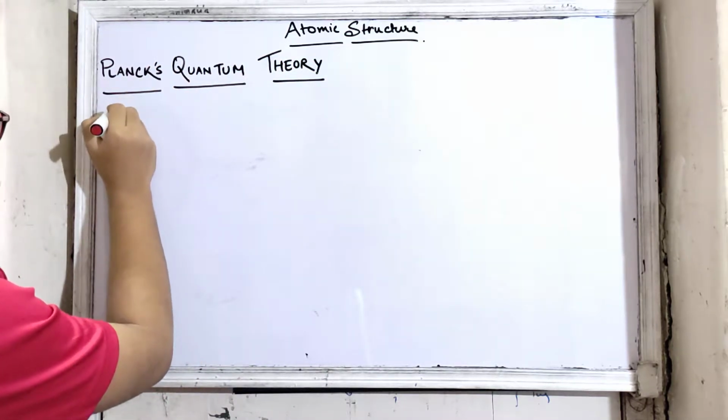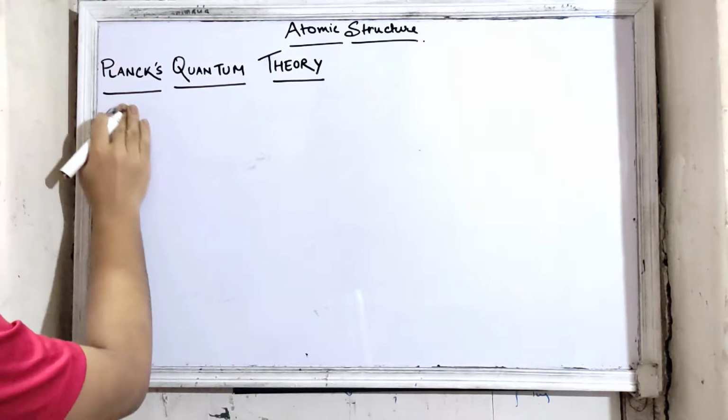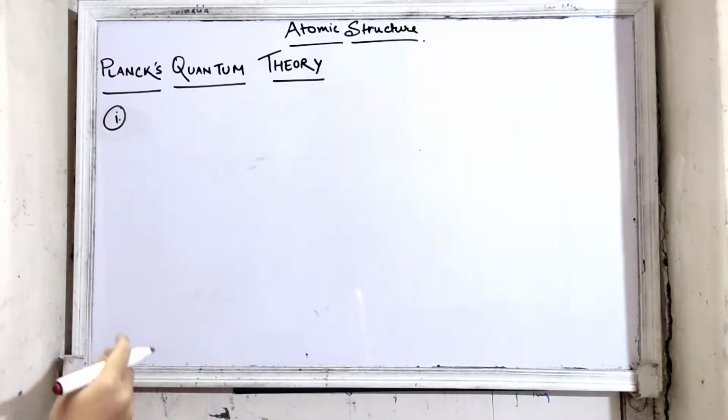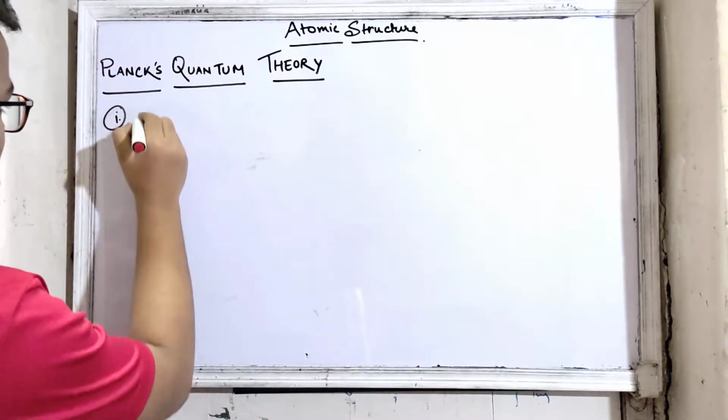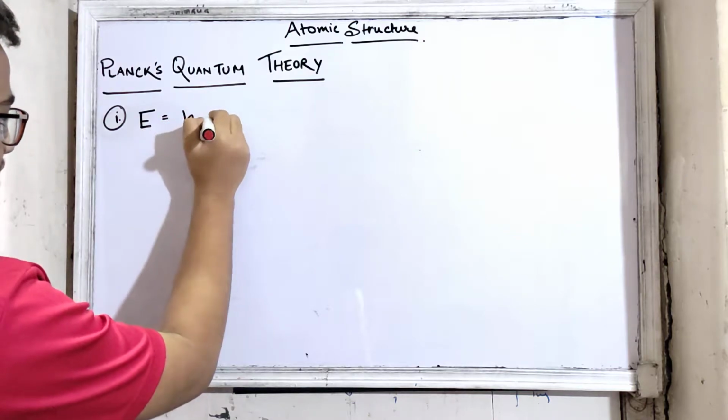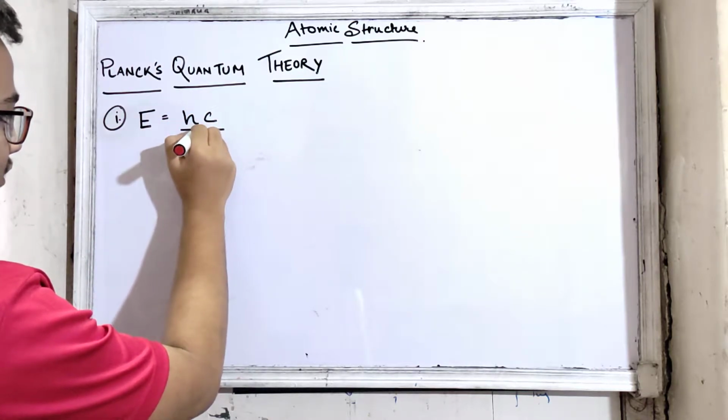The first formula in Planck's quantum theory, which was given by Max Planck, is E equal to h c by lambda.